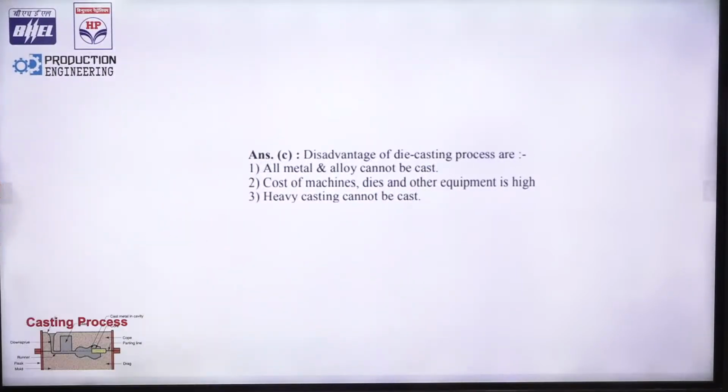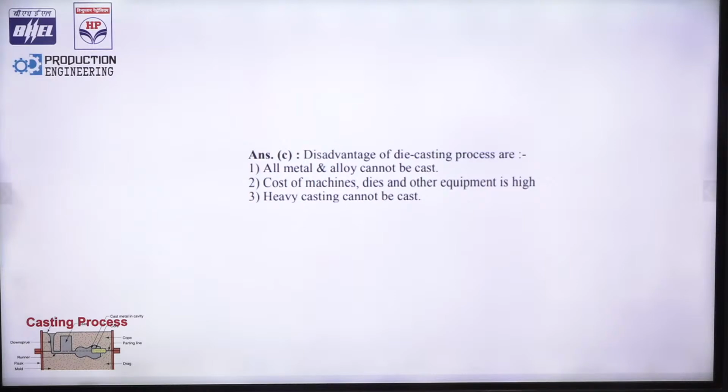Disadvantages of die casting process are, number one, all metals and alloys cannot be cast. I mean, ferrous casting cannot be done with ferrous materials like iron. Machine, die, other equipment cost is high, but for mass production it can become economical, otherwise it is high. Heavy castings cannot be made, because a very large size die cannot be made.